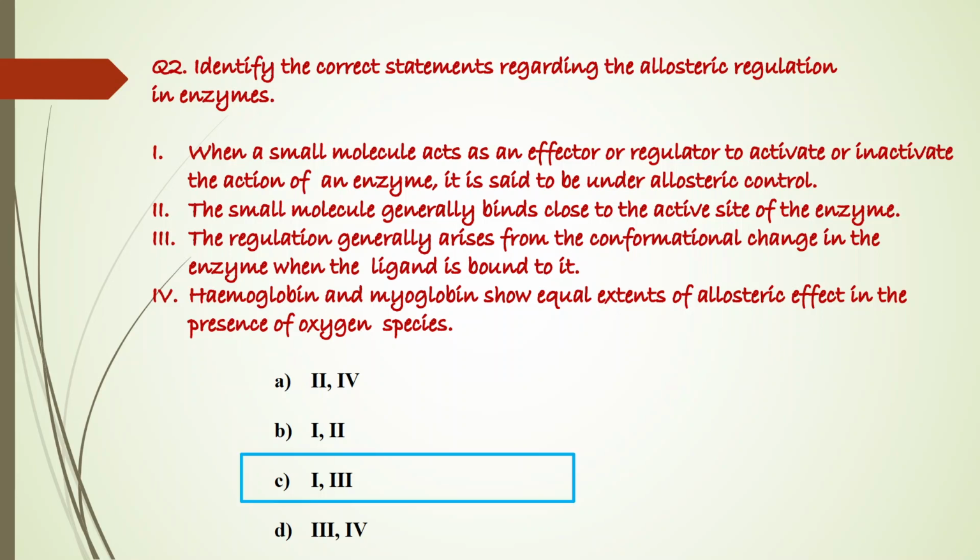So if this is our enzyme, then allosteric regulators can bind to the enzyme molecule and induce some change which can regulate or increase the activity of the enzyme in some cases, or inactivate the enzyme in some cases as well.